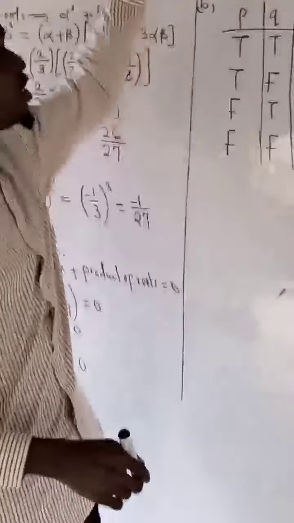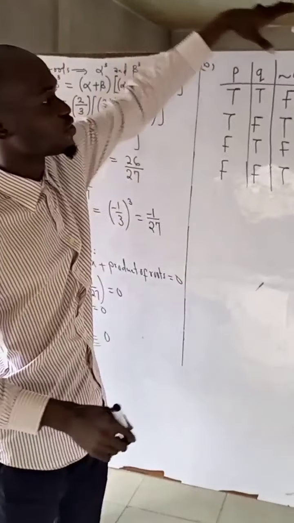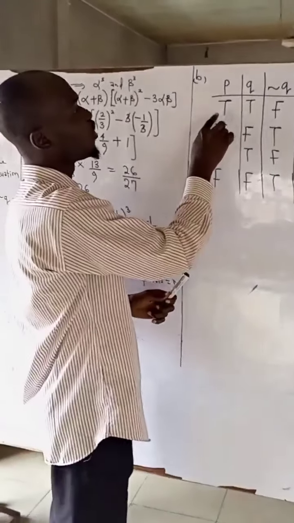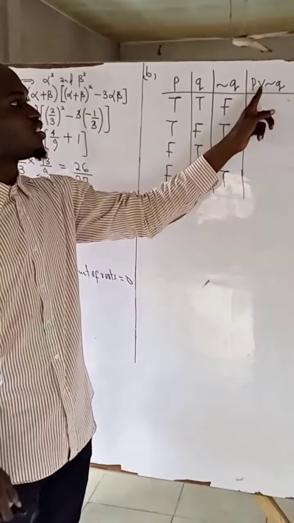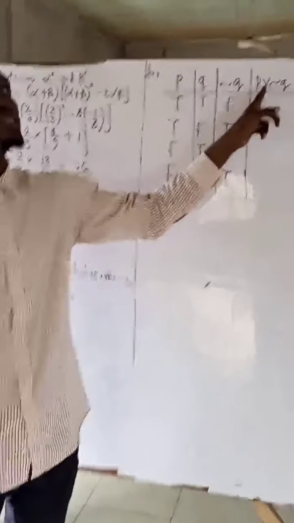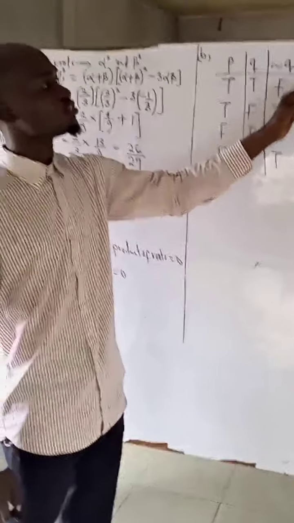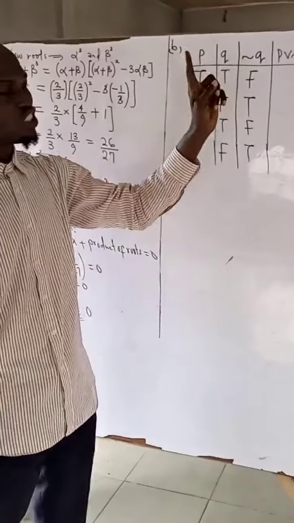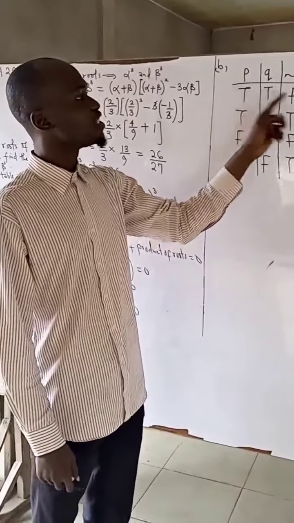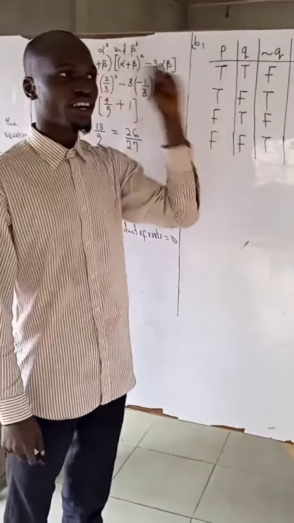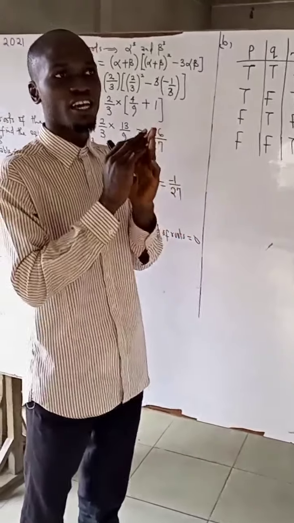Now let's operate this column and this column together. I will operate T or F together. One thing about this logical connective, take note of this: the result is going to be true if at least one of the two statements is true, and false if none of the two statements is true.